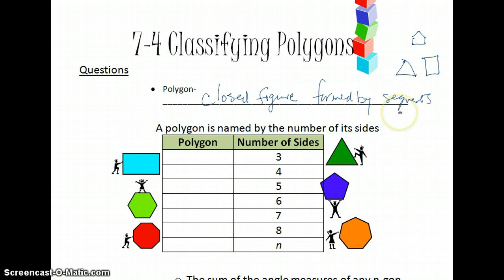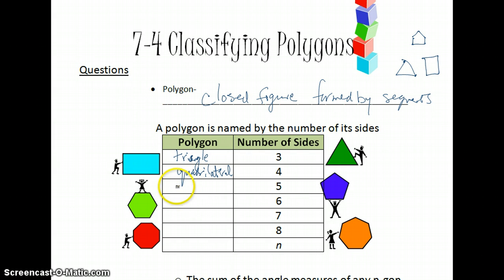Now there's different types of polygons, and we name them by the number of sides that they have. So obviously these are ones that you've seen before. Three-sided is a triangle. A four-sided is a quadrilateral, quad meaning four, lateral meaning sides.